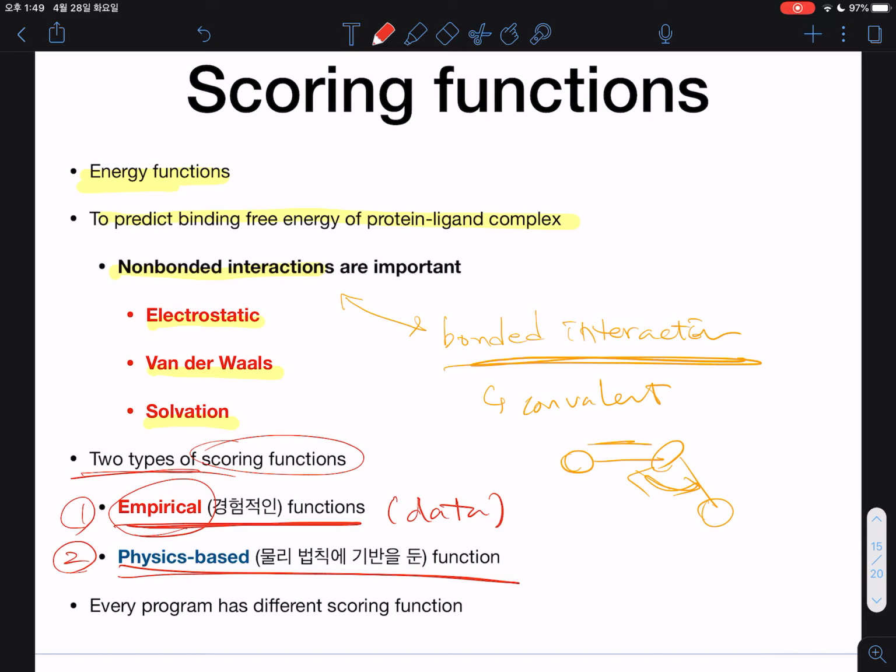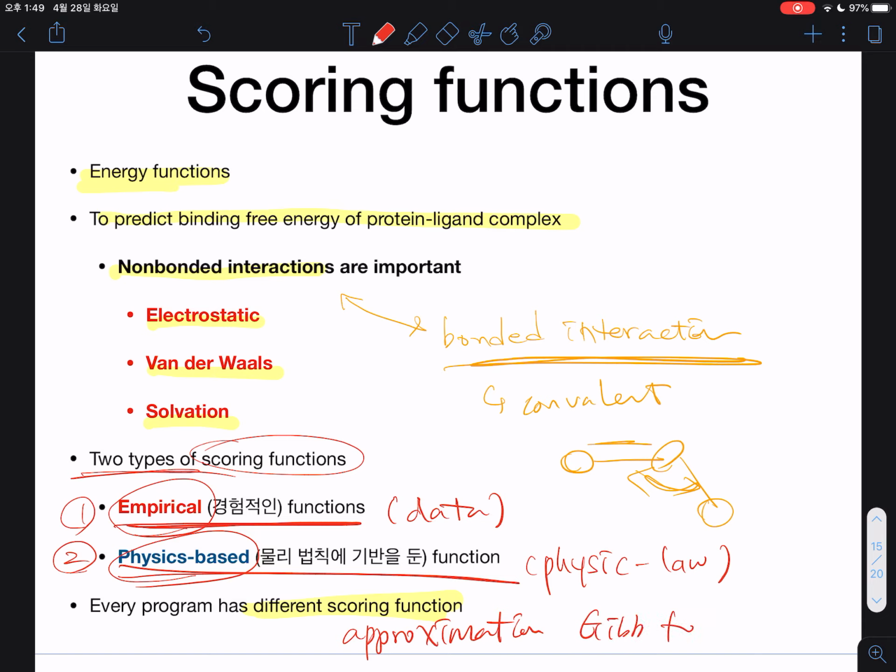On the other hand, the physics-based functions are generally based on physics laws, like Newton's law or something like that. And every program has different scoring functions. As I mentioned, the scoring function is an approximation of energy, right? An approximation of Gibbs free energy.